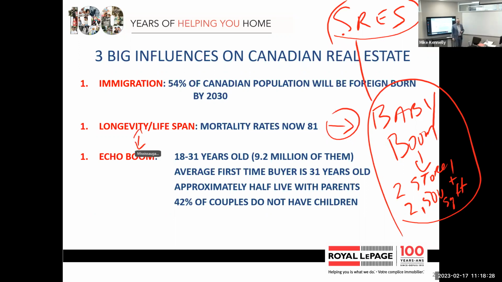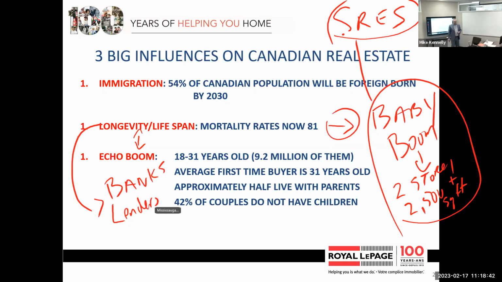These are the grandparents and parents of the Echo Boom generation. They are also becoming banks and lenders. You may have heard the street term, bank of mom and dad.